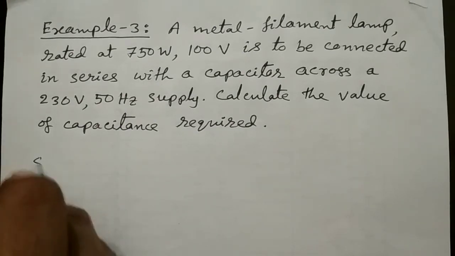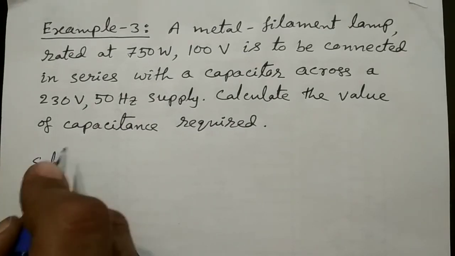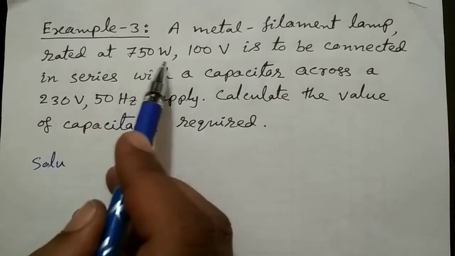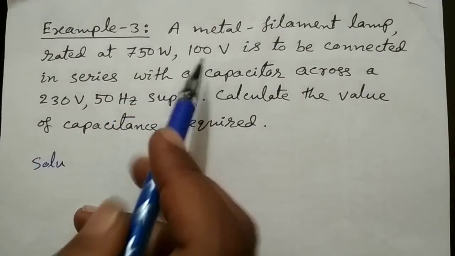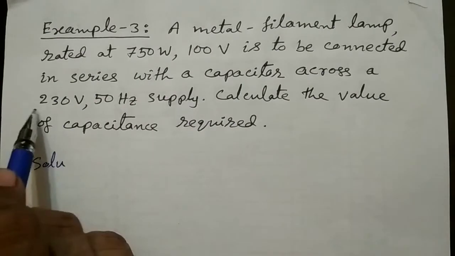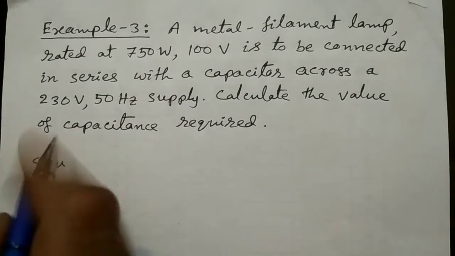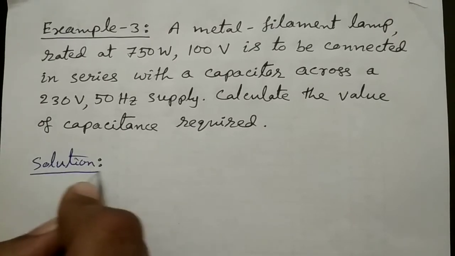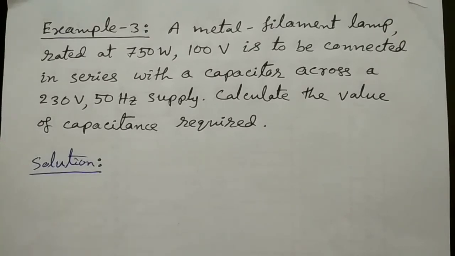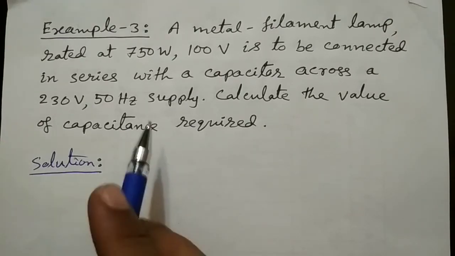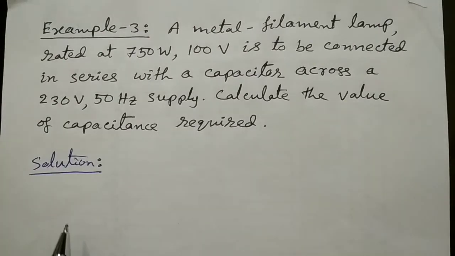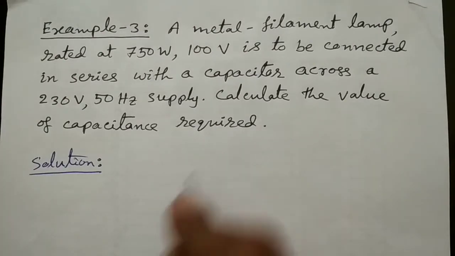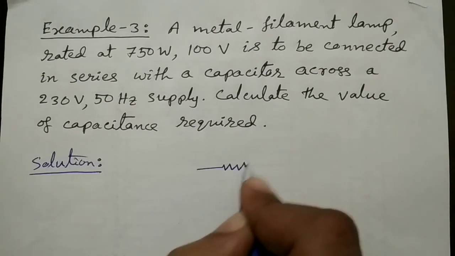So here the rating of the lamp is 750 watt 100 volt and the supply voltage is 230 volt. That means the value of the capacitance should be such that the extra voltage should drop across the capacitance. So here the circuit is RC type.